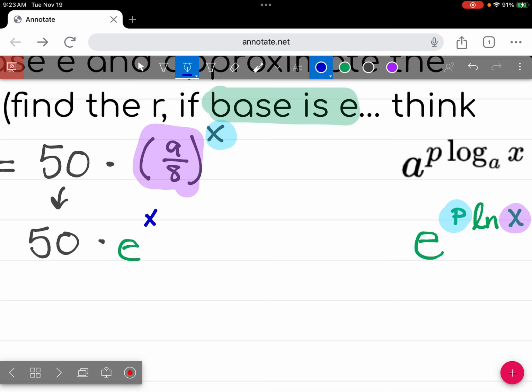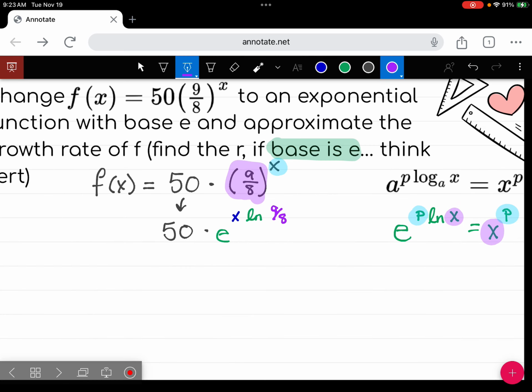That's going to be that x. Then we're going to have the natural log of the base, that 9/8. It's taking this piece here and having it be this side. And this left side chunk, this piece is what we have in here.